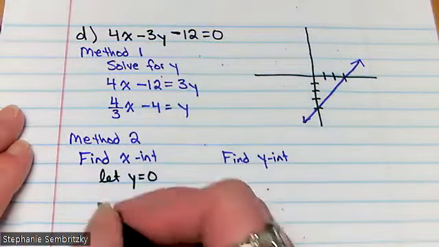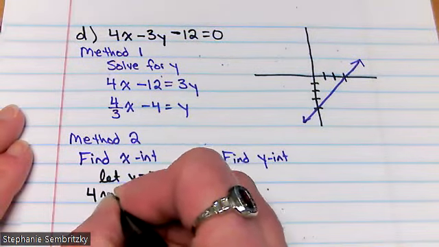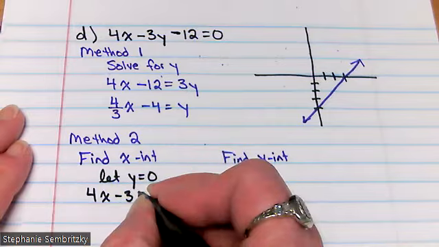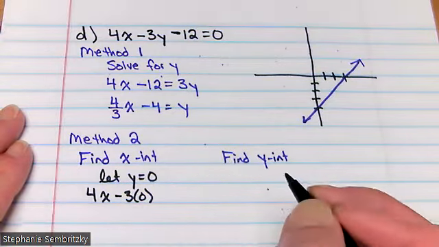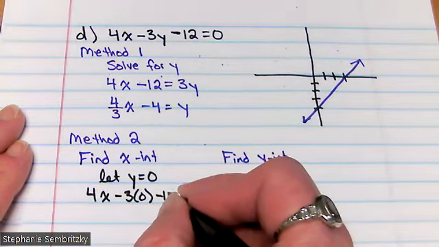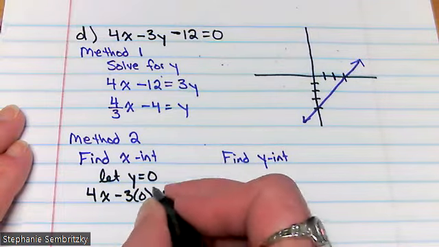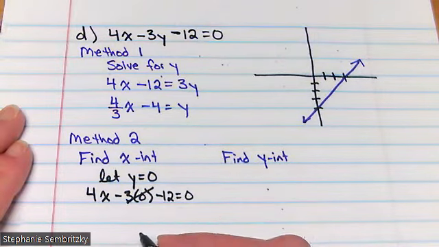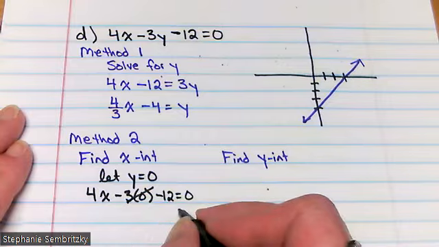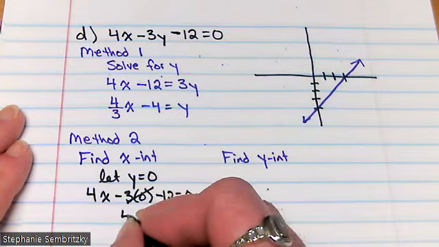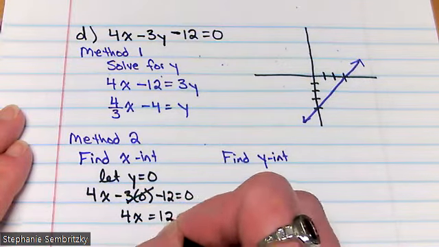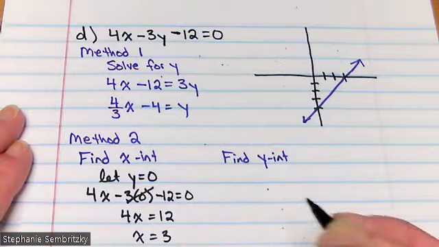Well, if I take that equation and I got 4x minus 3, replace y with 0, minus 12 equals 0. That's going to go away. And I have 4x minus 12 equals 0. That's 4x equals 12. X equals 3. There's my x-intercept.